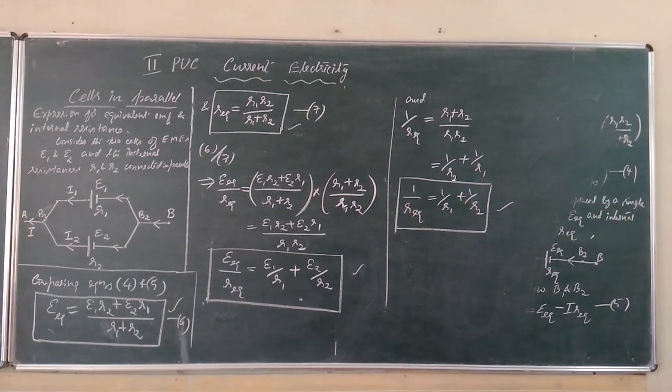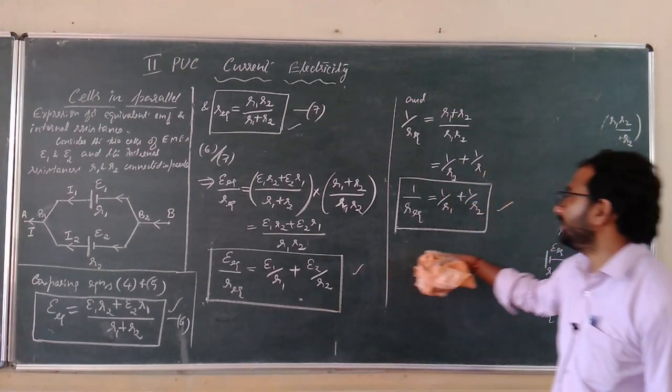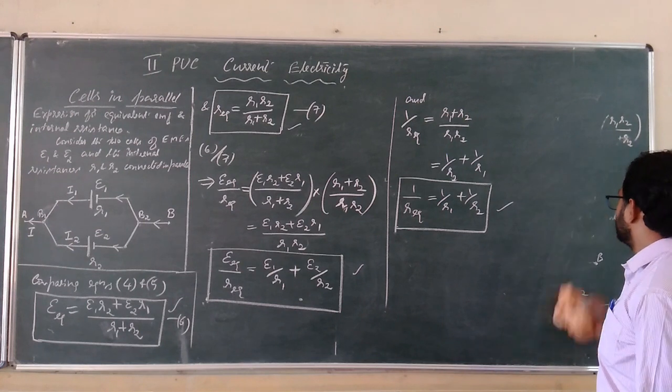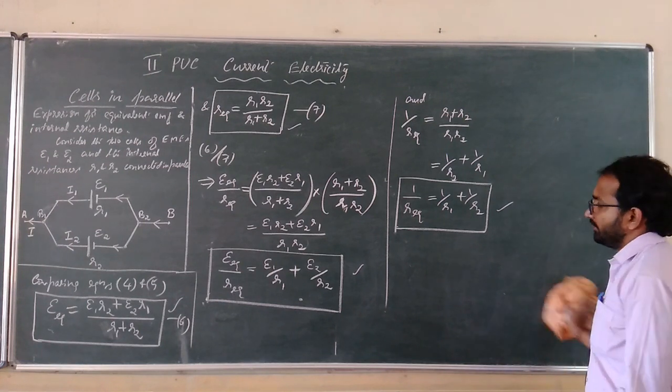They are the values of equivalent EMF and internal resistance. So equivalent EMF can be calculated using this formula, and the internal resistance can be calculated using this formula.